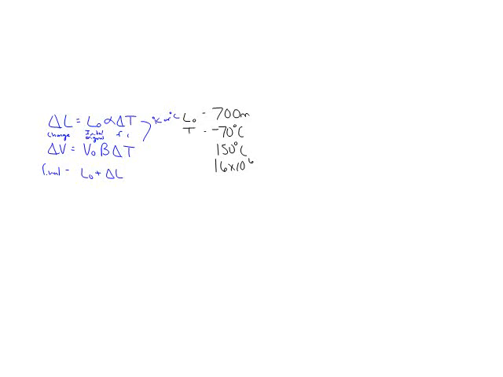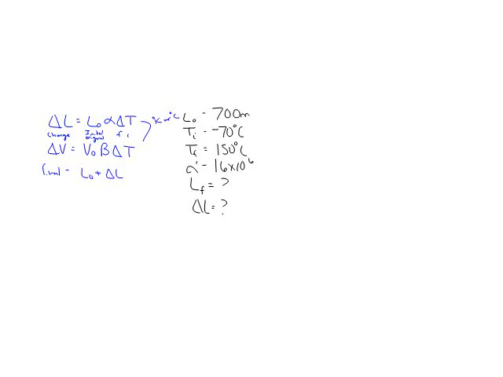Temperature initial, good. And 150 degrees Celsius, temperature final. And what is this? 16 times 10 to the negative 6. Alpha is our coefficient of expansion. What are we looking for? Final length. And we need to find delta L in order to do that.